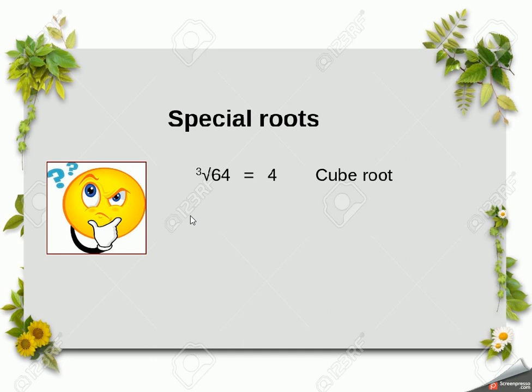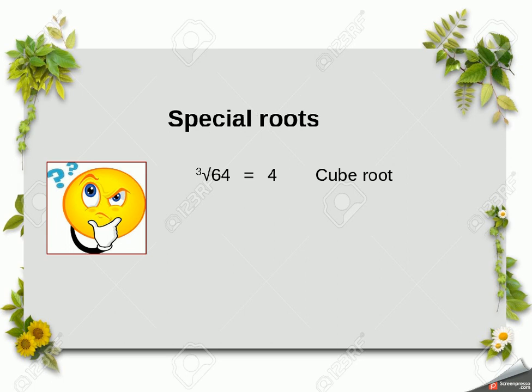Calculating roots, most of the time we'll be using the calculator to calculate them. The only time in which you wouldn't do that is if it's, say, a perfect square, and it would be one of the lower square numbers.